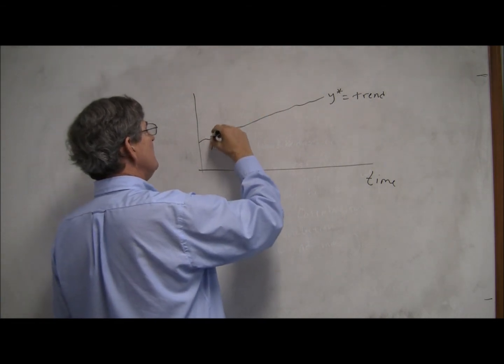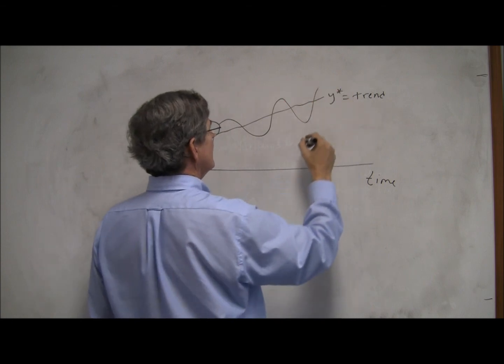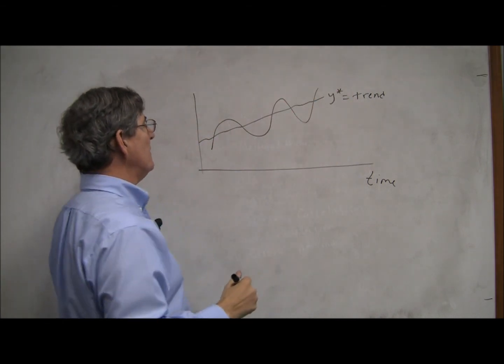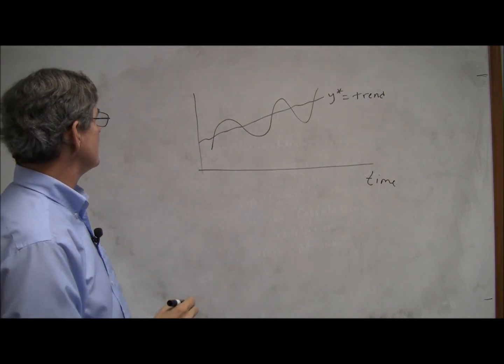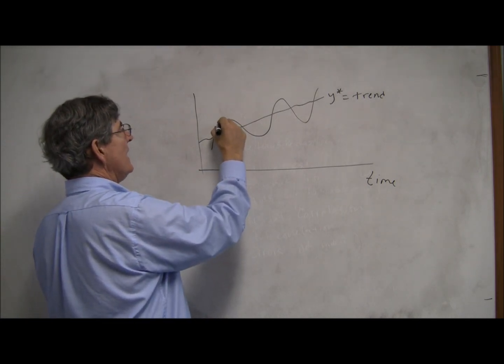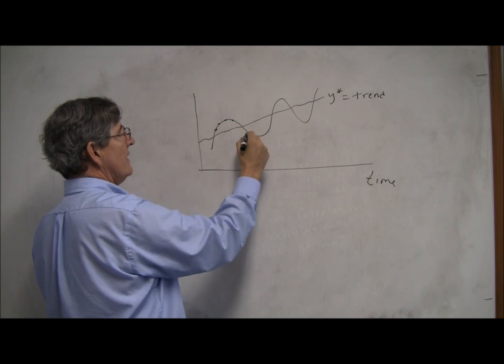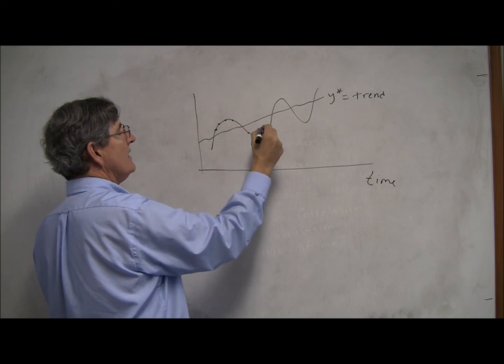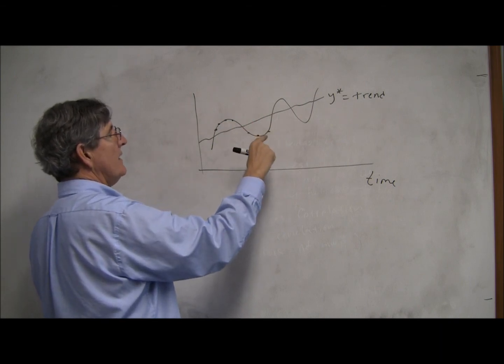And then our actual GDP data has these business cycles. They're a little more irregular than that, but I wanted to show it. So if you have a positive error, it's likely to be followed by a positive error. If you have a negative error, it's likely to be followed by a negative error.